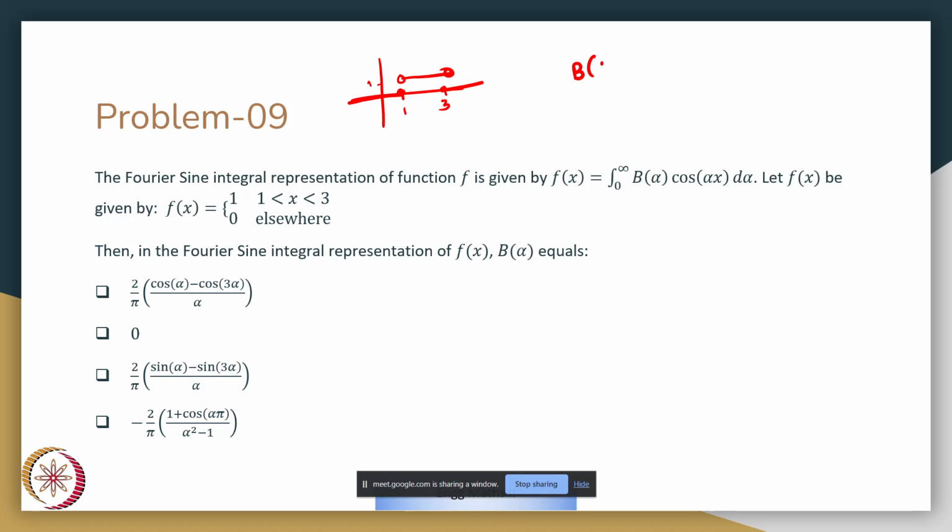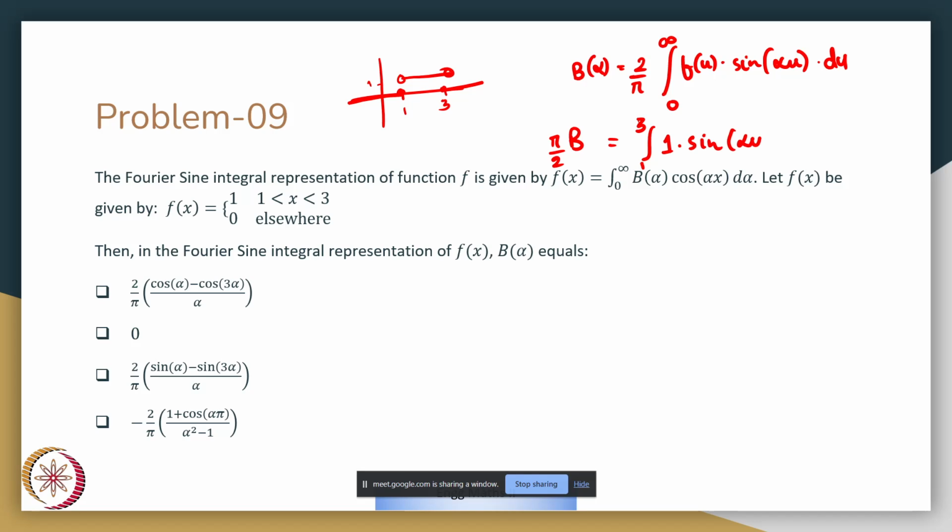So b of alpha is nothing but 2 by pi times the integral from 0 to infinity of f of u sine of alpha u du, which in our case is pi by 2 times b equals integral 1 to 3. Oh, it's only 1 times sine of alpha u du, which is minus cos of alpha u by alpha.